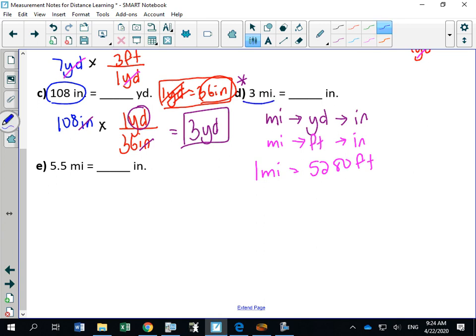All right, take what we're given, 3 miles, and multiply it by your conversion. And I first want to get to feet. I want my answer in feet first. So that means that feet go on top.